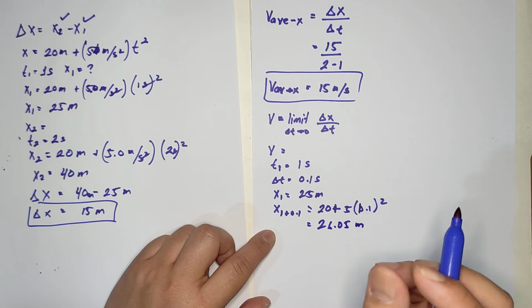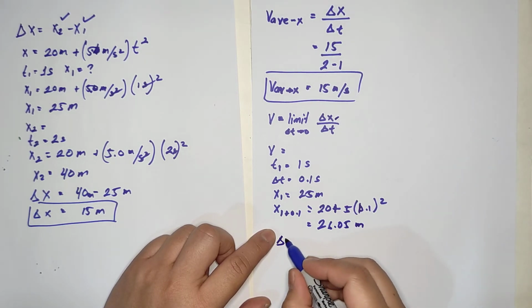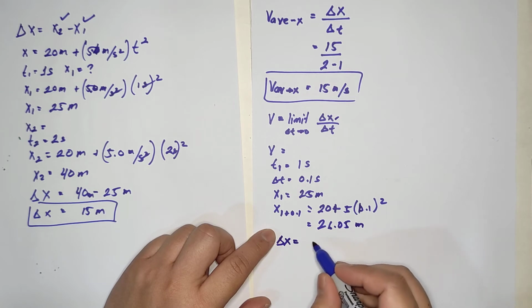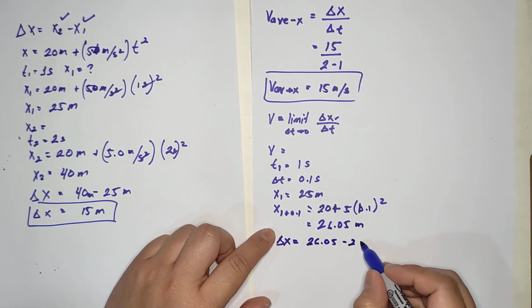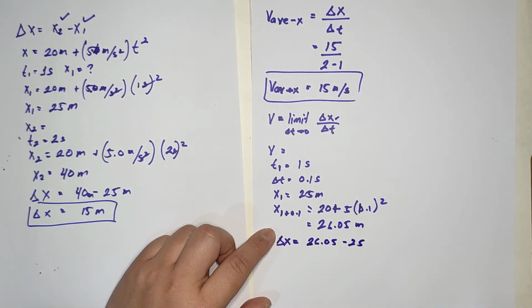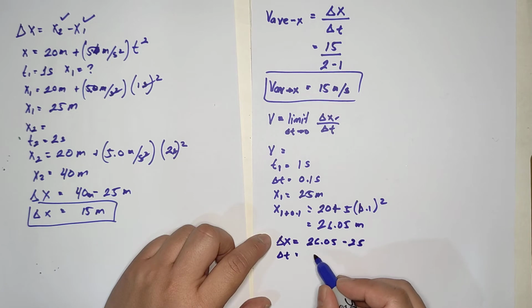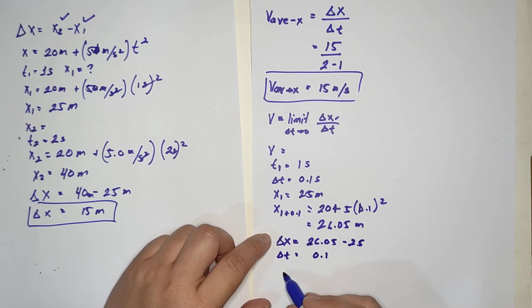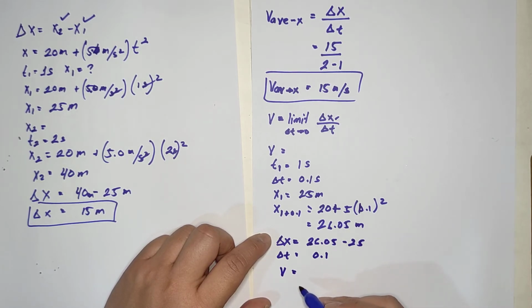So, there's a little bit of, that's the delta. You can solve the delta x now. So, delta x is 26.05 minus 25. Okay? And delta t is, of course, 0.1. Now, the velocity, you can call this instantaneous velocity, but it's not quite that accurate.